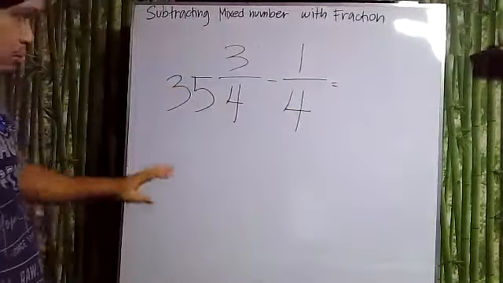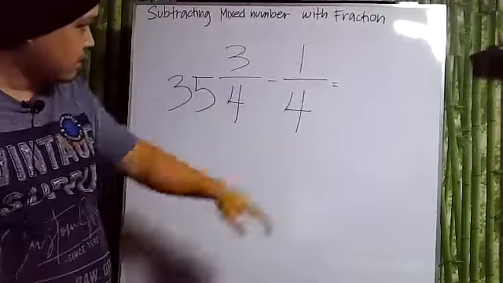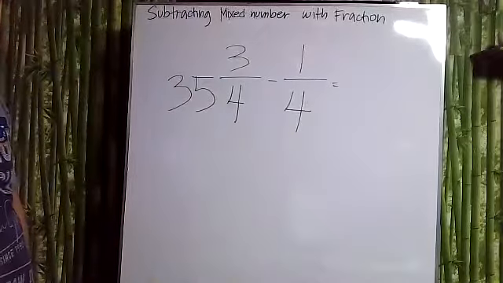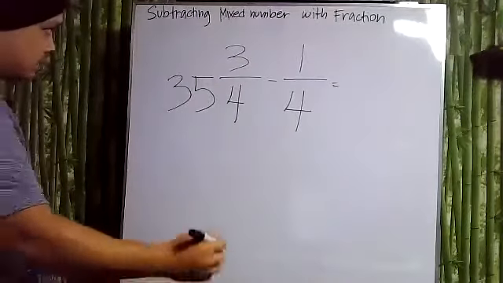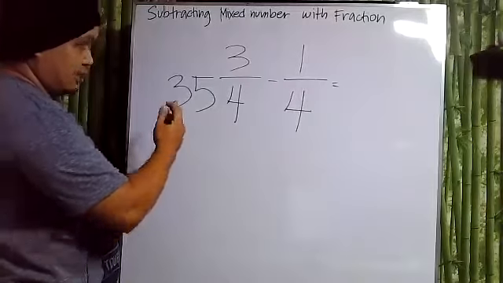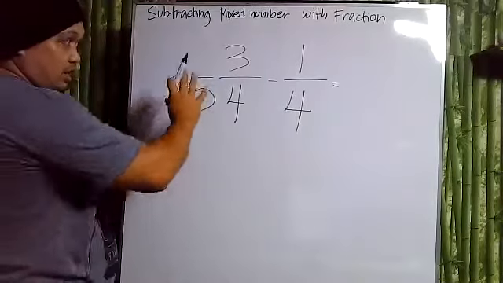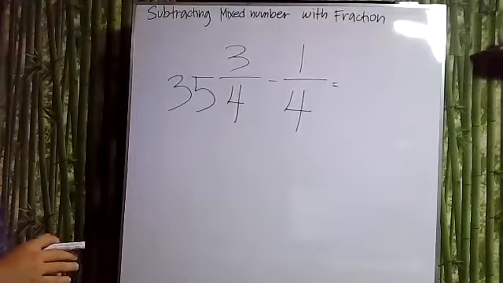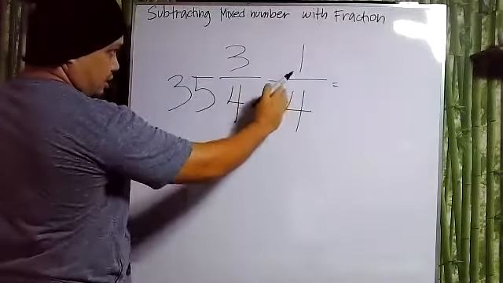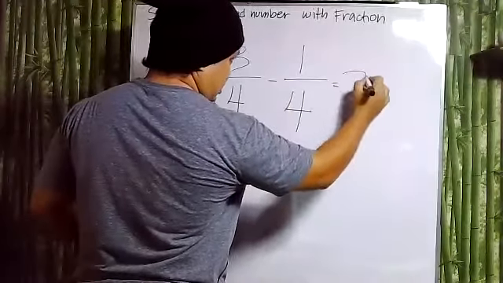We have a mixed number and a fraction, and the fractions are similar. So how to answer this? Just subtract the whole numbers and subtract the fraction. So 35, and there's no whole number here, so 35 minus nothing is 35.